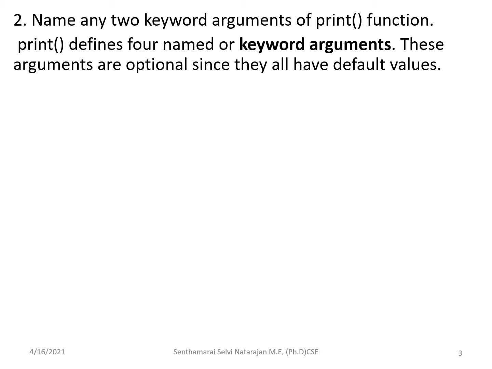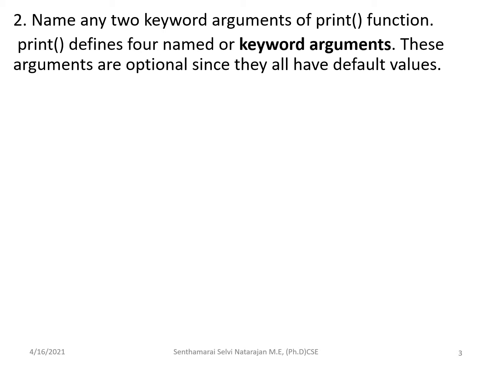Next, you have to name any two keyword arguments of the printf function. The print function is used to print the values in the output screen, which, as I have already told, is the standard output device, your monitor screen. In the previous question I explained the syntax with some values.